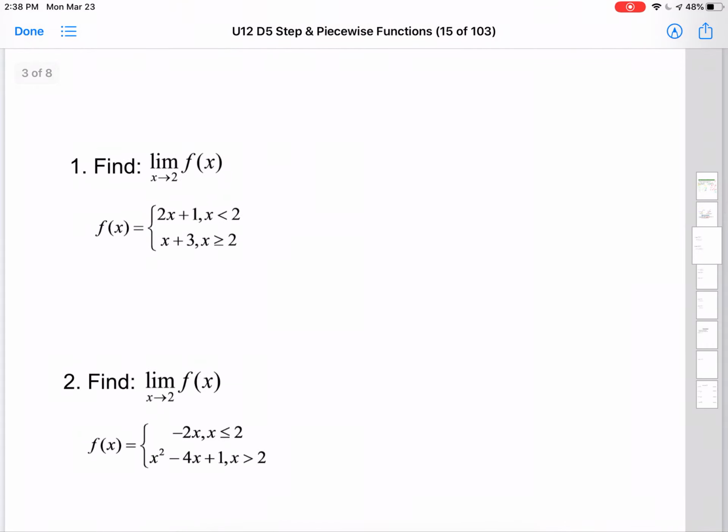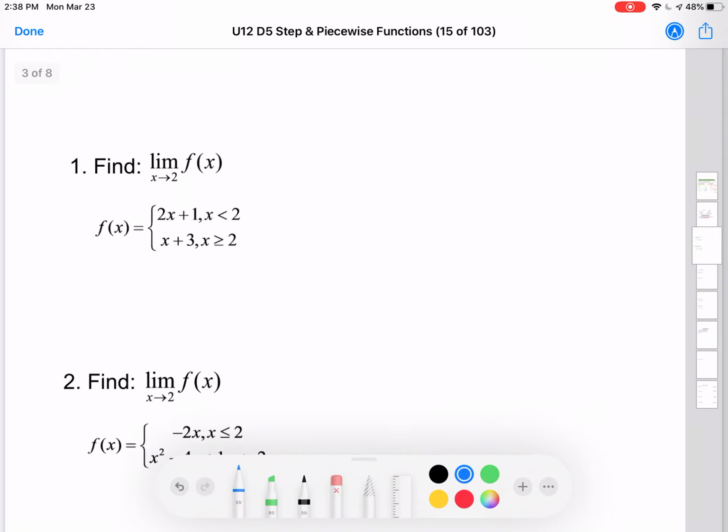All right, so here's our first one. We can tell it's a piecewise function, right? We have 2 linear functions. So let's approach from both sides. So I'll separate this. We'll take the limit as x approaches 2 from the left, and we'll take the limit as x approaches 2 from the right.